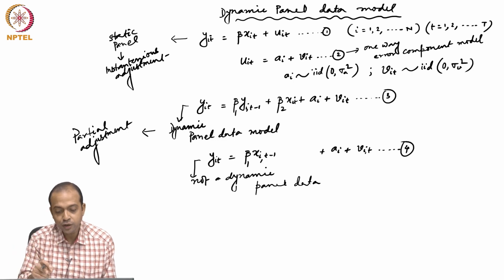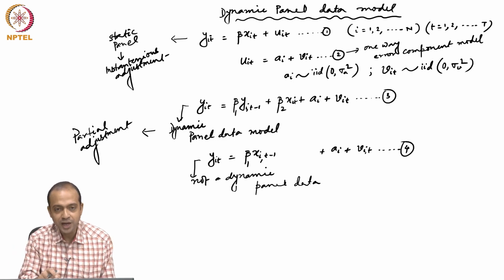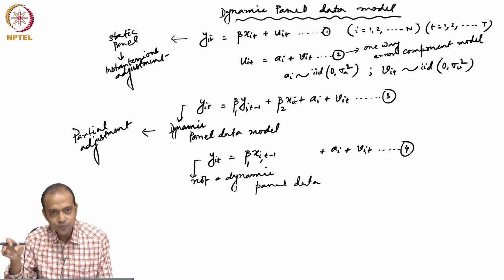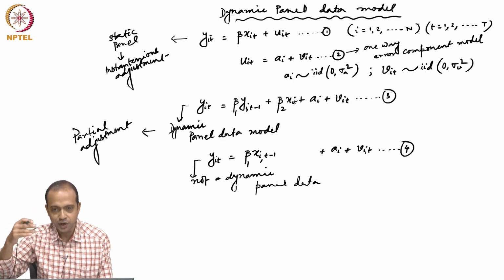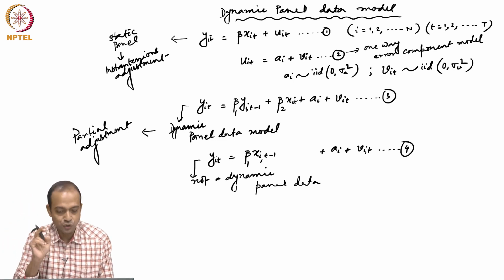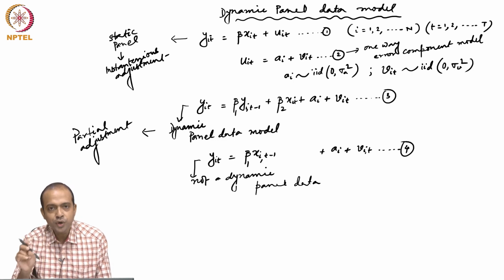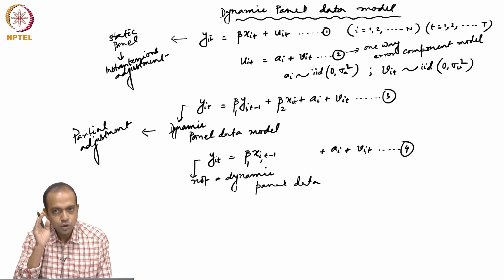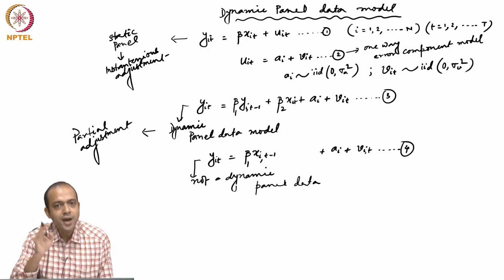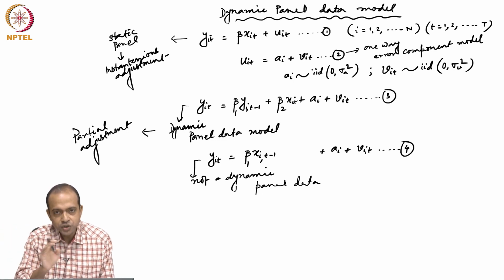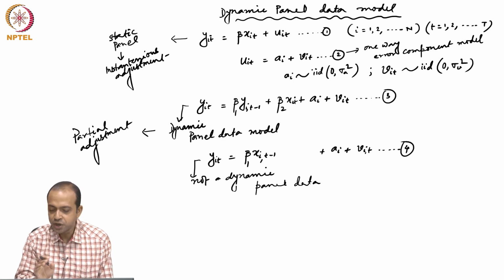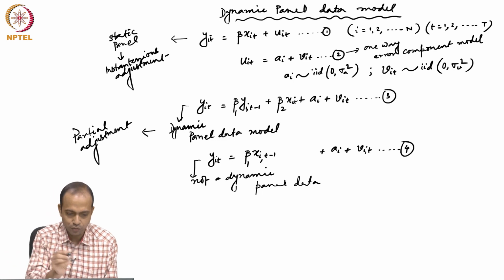So, a two-way error component means uit would be ai plus some mu t, which does not change across individuals, but changes only over a period of time. That factor is not there. So, since I have introduced only ai, this is called a one way error component model. As you all know, there are two types of panel data model, one way and two way error component model. For simplicity's sake, for the time being, we are just assuming that this model is a one way error component model, that is all.